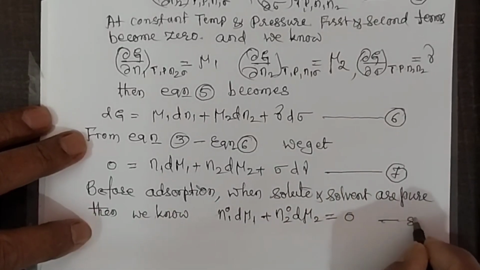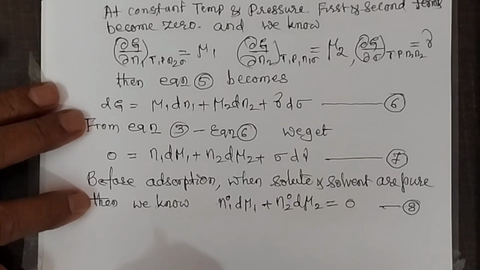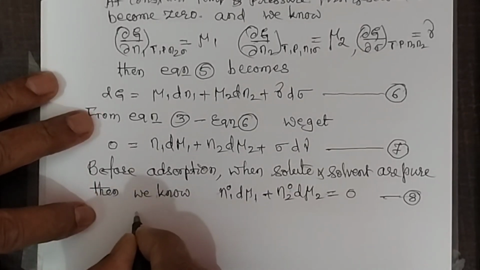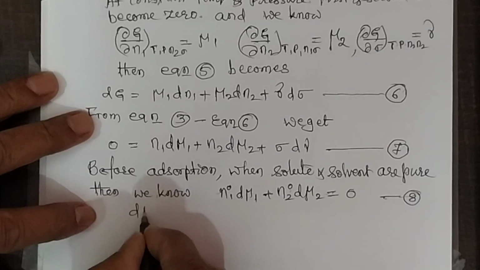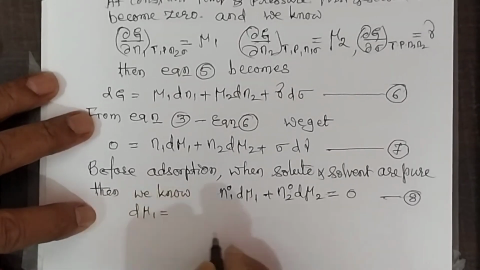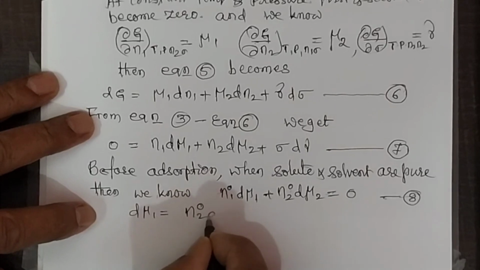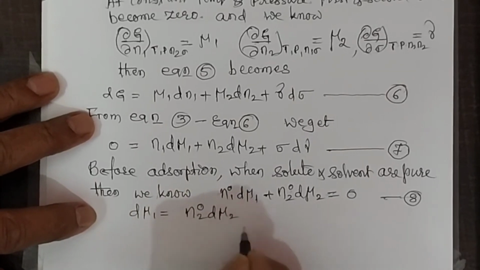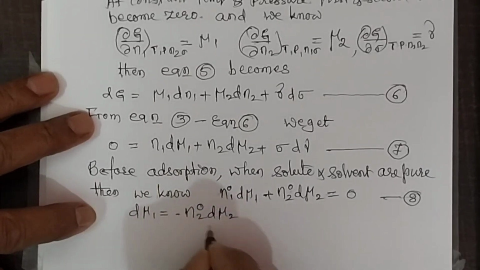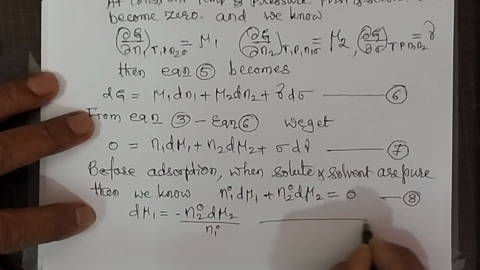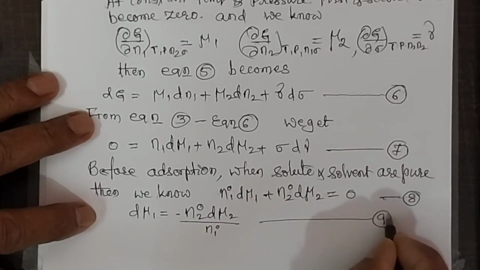Suppose this is equation 8. On rearranging this equation, we get d mu1 equal to minus n2 naught d mu2 divided by n1 naught. Suppose this is equation 9.